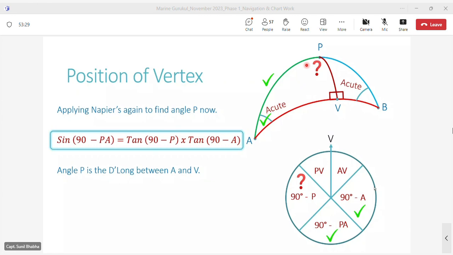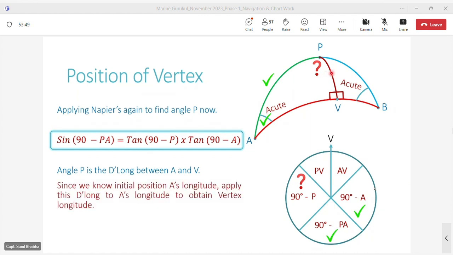Now if you look carefully in the diagram, this angle P is nothing but the d long, the difference of longitude between alpha and vector. It is the angle at the pole contained between the meridian of alpha and the meridian of vector, giving us the d long between alpha and vector.